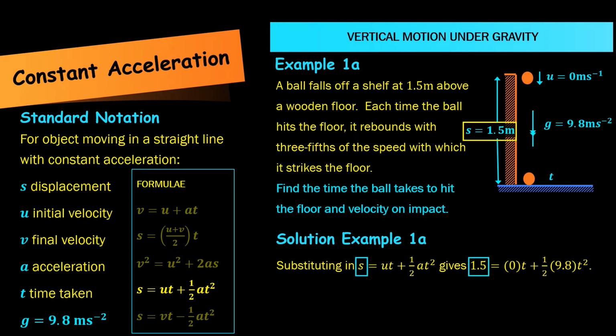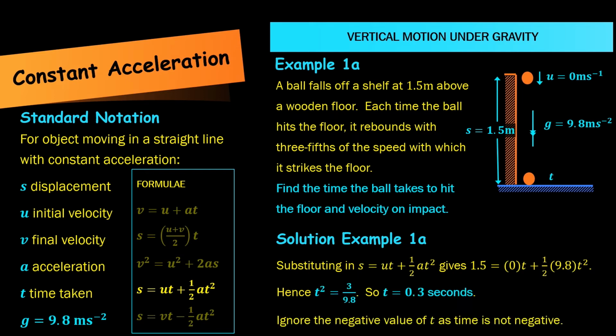We have s equals 1.5 here, u equals 0 here, a equals 9.8 here, and of course t remains as it is. Tidying up and rearranging this equation gives us that t squared equals 3 over 9.8. So t is equal to 0.3 seconds. We're going to ignore the negative value of t, as time, of course, is not negative.